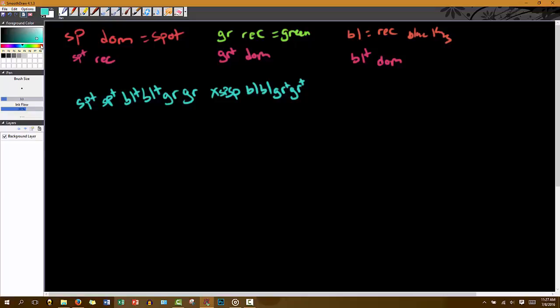So the table that they give us looks something like this. Since they're being test crossed, you don't have to put every single gene because the other gene's always going to be recessive. So I'm just writing out the table that they gave us.